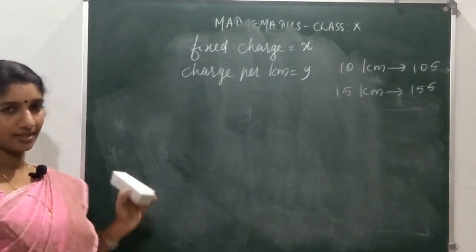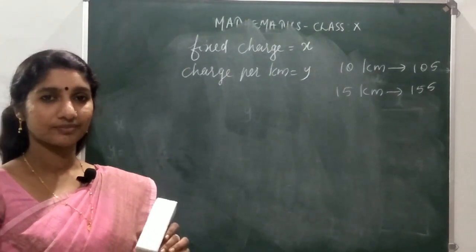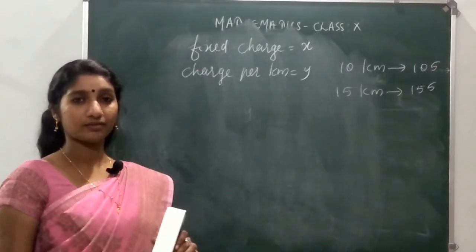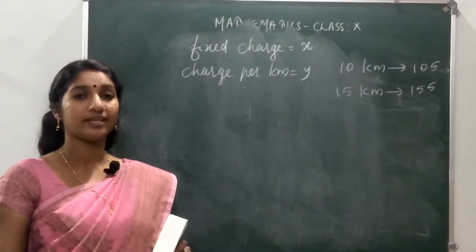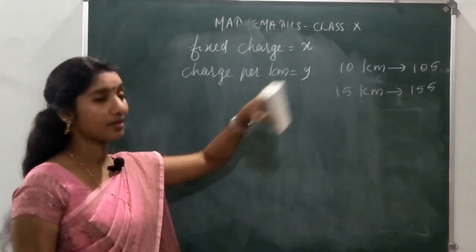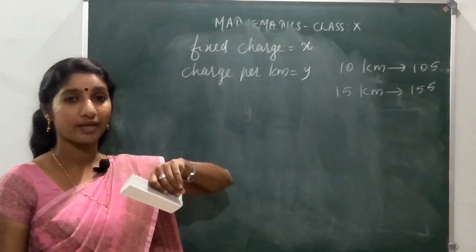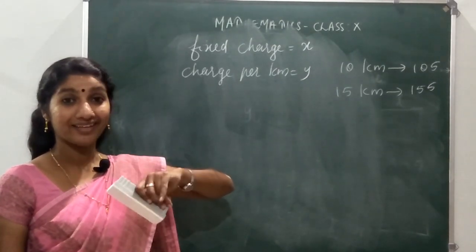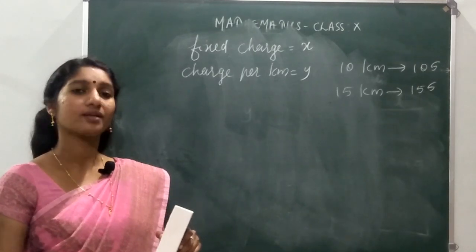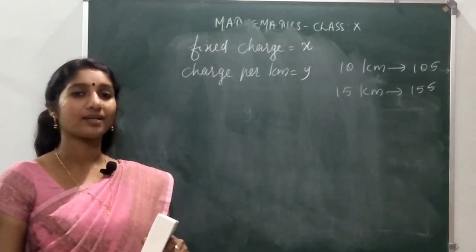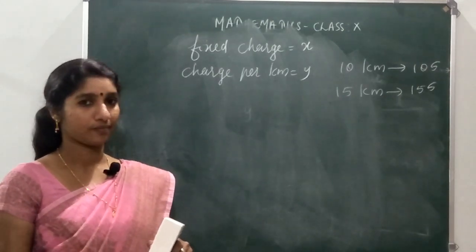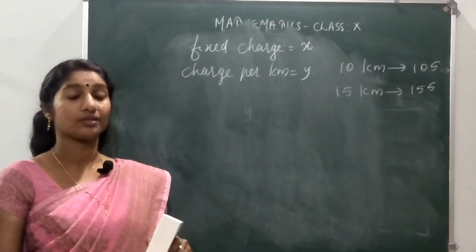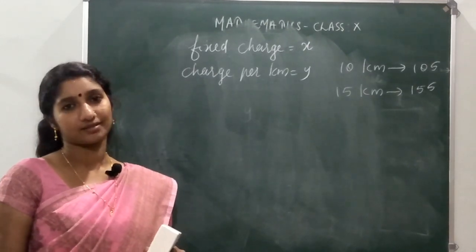So the first person, how far did he travel? 10 kilometer. So how much money does he have to pay? 10y. For 1 kilometer, y rupees. So for 10 kilometer, 10y rupees he has to pay, plus some additional fixed charge, that is x.